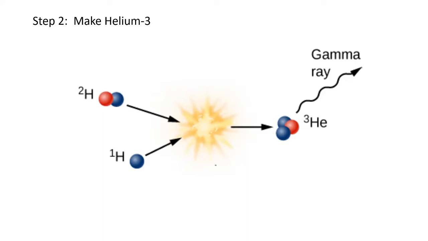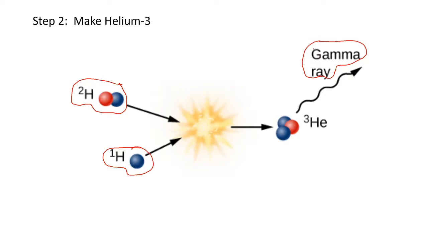Now, it's got a slightly heavier particle. It's almost like taking two Legos and putting them together, although the one Lego has changed a little bit. And it can find another hydrogen, just a plain old hydrogen, and we can make helium-3. A byproduct there is the gamma ray, and that's going to be important.